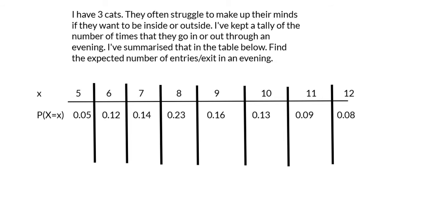Okay, so what we're going to do is be multiplying. So first of all, we've got 0 times 0.05, which is 0.25.